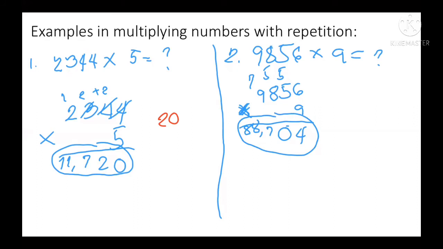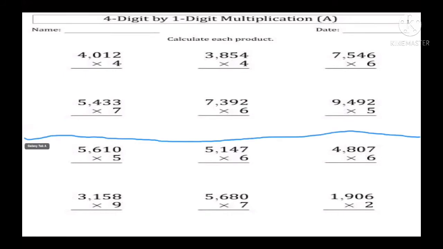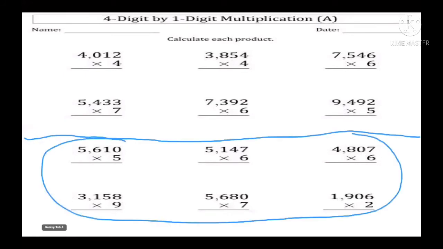Now let's move on to other examples. This is now the combination of multiplying numbers with and without repetition. Ready? Okay, let's try to answer. We will just answer the first 6. Okay, the first 6. This lower part is your activity.